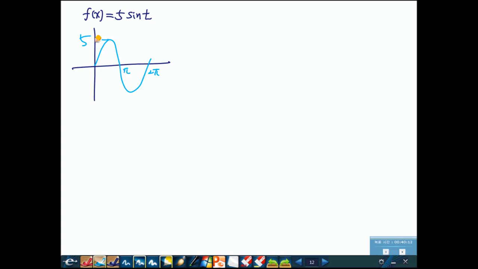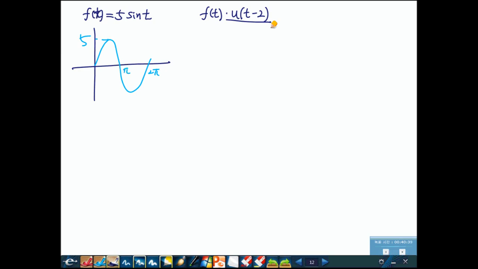That's the function. What about f of t times u of t minus 2? With this original function, you're multiplying the unit step function that is shifted at 2.